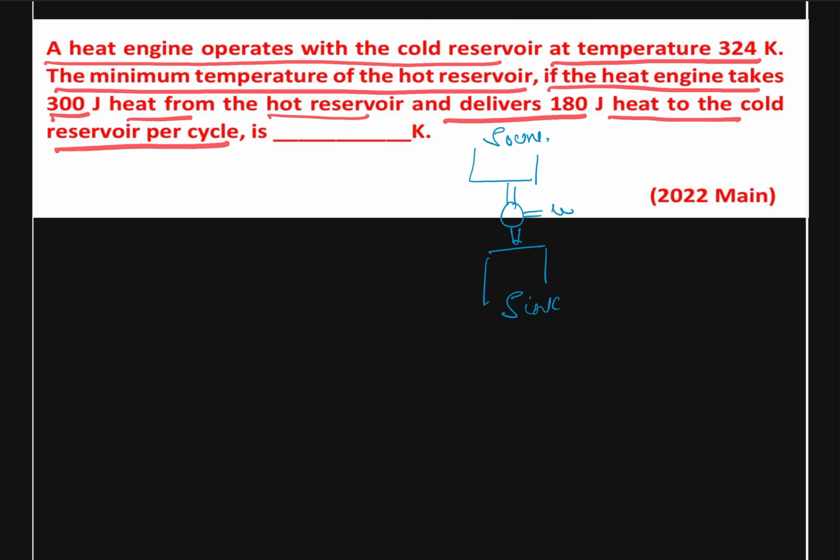And if the heat supplied by the source is, let us call this source TH, so heat we call this as QH. H means hot, and this is our cold, and QC.